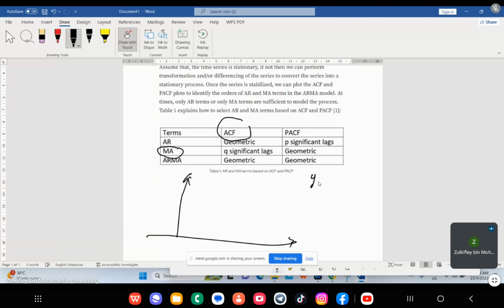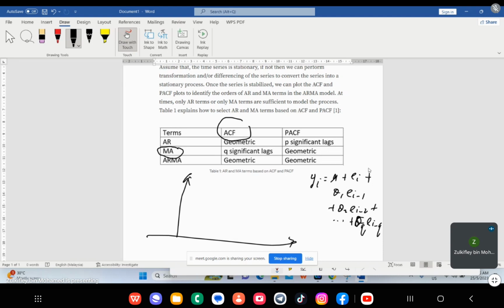Y i is equal to mu plus epsilon i plus theta 1 epsilon i minus 1 plus theta 2 epsilon i minus 2 plus dot dot plus theta Q epsilon i minus Q. Kita tak tahu apa function kita guna, sama ada kita nak berhenti setakat ini saja, MA1 ataupun MA2, MA3.